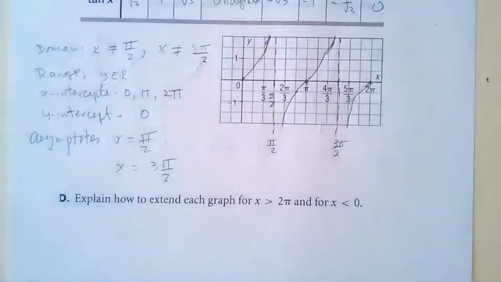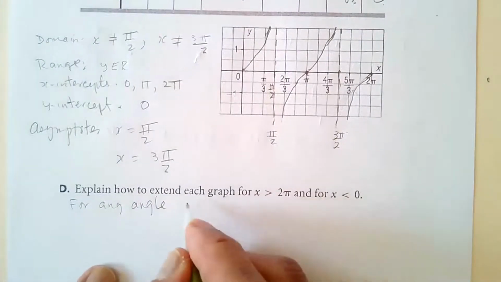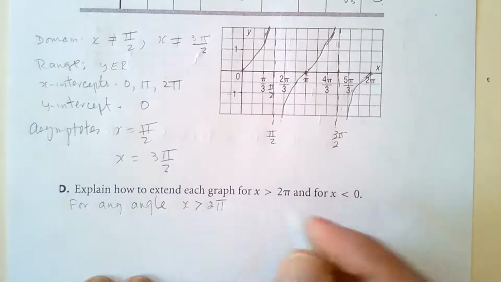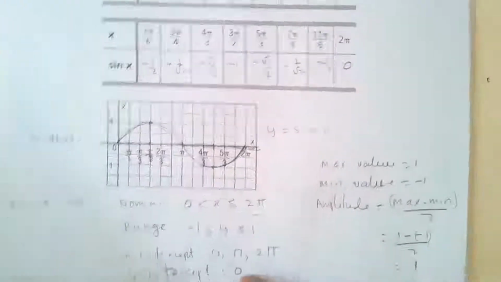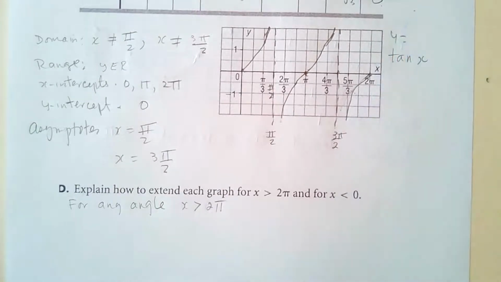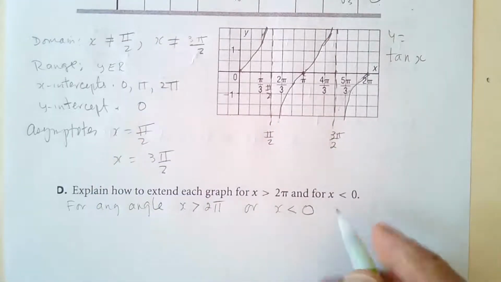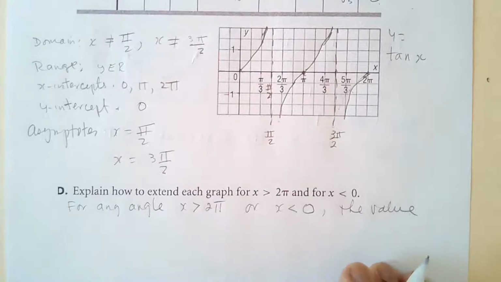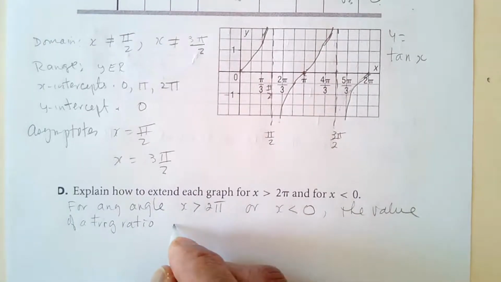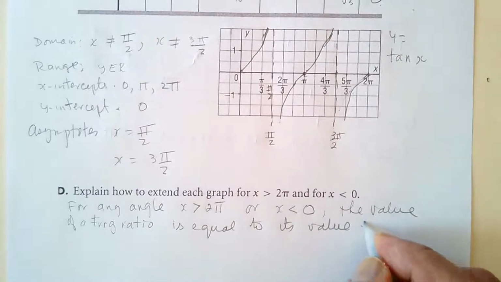So it repeats. So if I were to put that in words, for any angle where x is greater than 2 pi, or even if you look at our sine x here, or tan x, where x is greater than 2 pi or x is less than 0, because we're looking at going this way here, the value of a trig ratio is equal to its value for a coterminal angle.